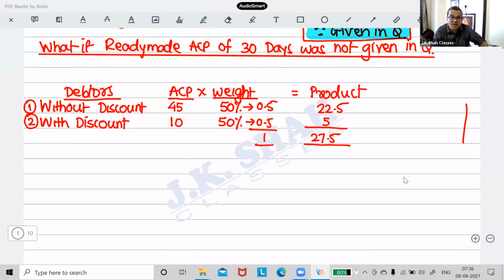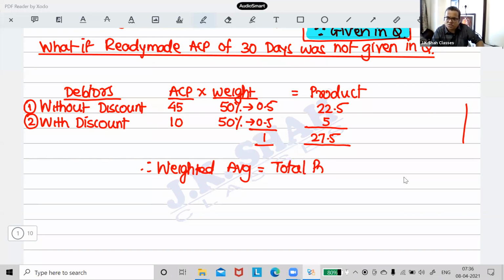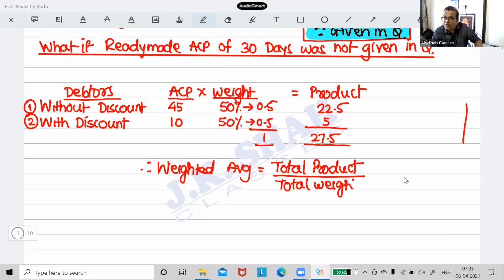Weighted average is total product upon total weight. That will be 27.5 upon 1. Do it on your calculator. That is 27.5 days.